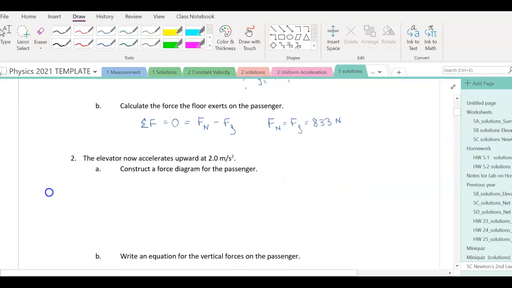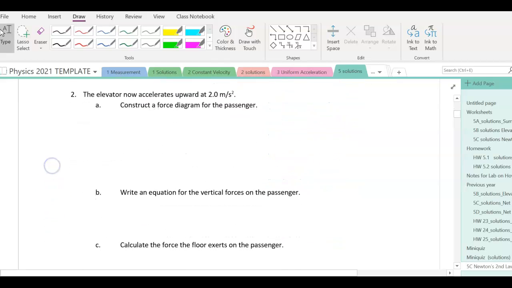Okay, now same man, same elevator, but now he's accelerating upward at 2 meters per second squared. One thing I know for sure is that the net force is not going to be zero, and in fact, the net force is going to be pointing up, because acceleration and net force always point in the same direction.